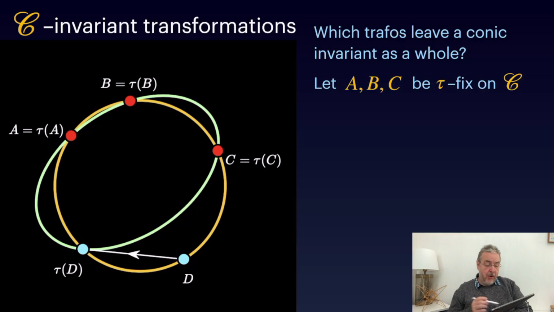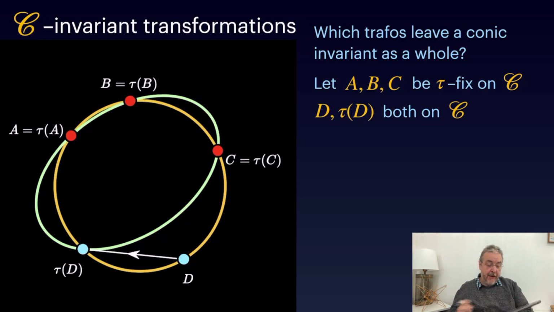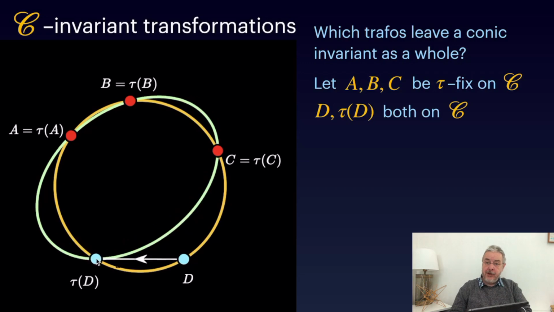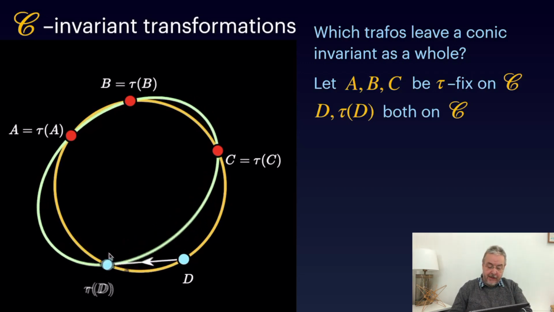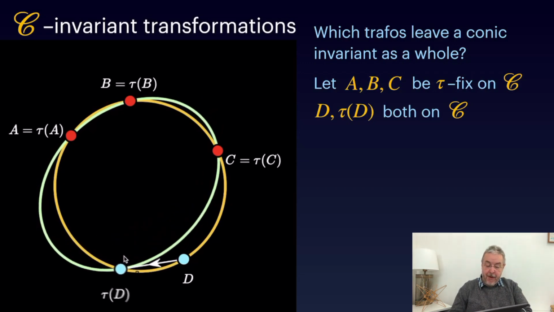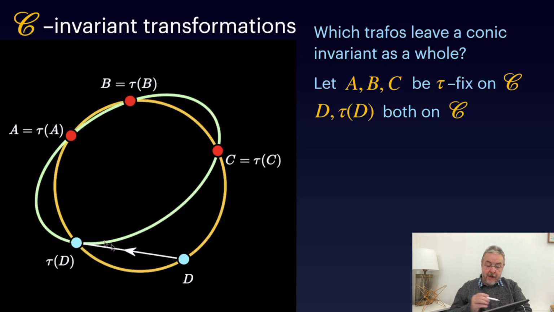And we now look what happens to our conic if I start to move our point tau of D. And what we will observe, there is only one position under which this projective map really maps the original circle that we had here to itself.